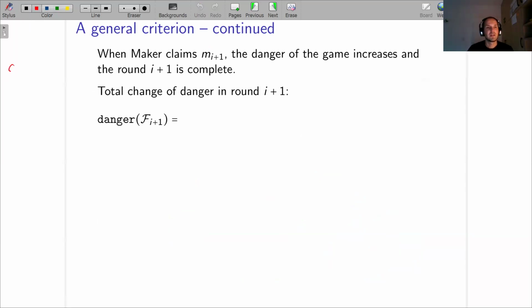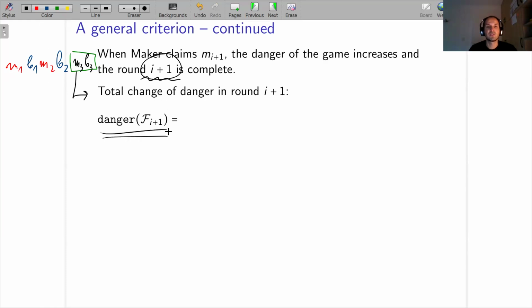There was maker's move M1, and then B1, and then M2, and then B2. These are, let's say, the first 2 moves. And then we are looking at M3 and B3 now. This is round 3, or i+1.